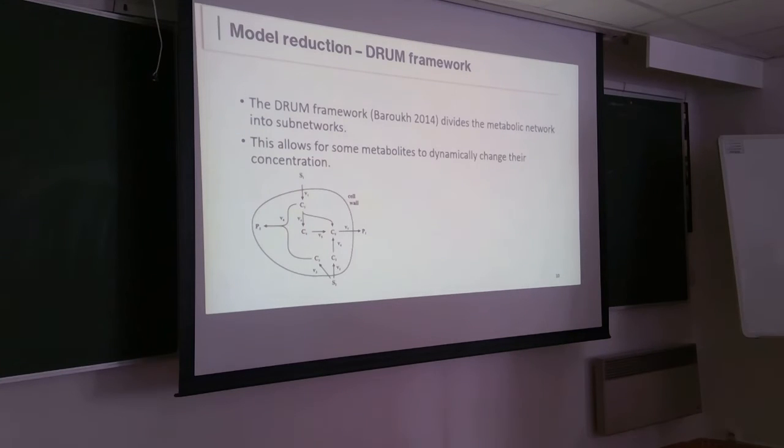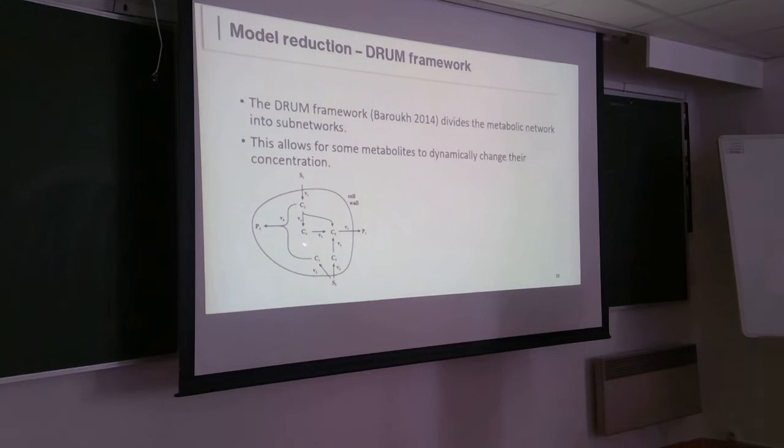So one method that was developed in Caroline's thesis is that we divide the metabolic network into subnetworks. So instead of having just one network, we compute the elementary flux modes, divide and separate them, and take some metabolites that are going to accumulate.